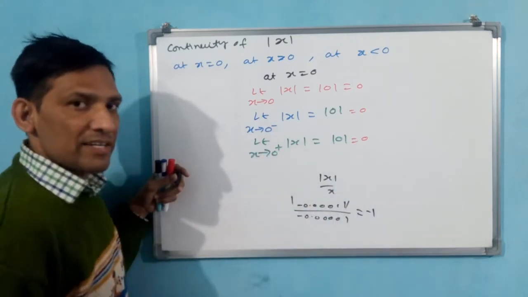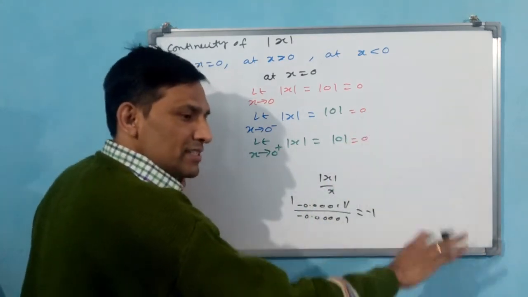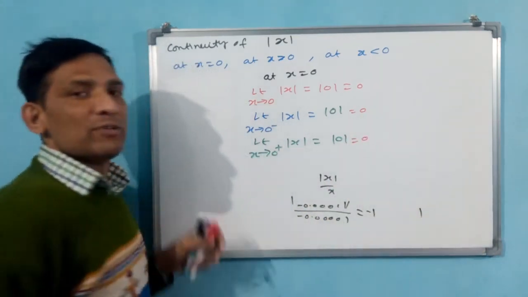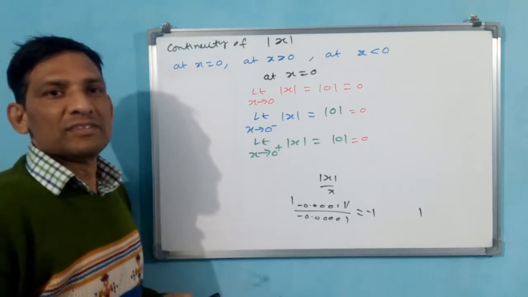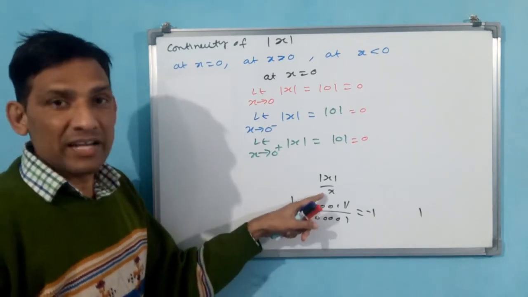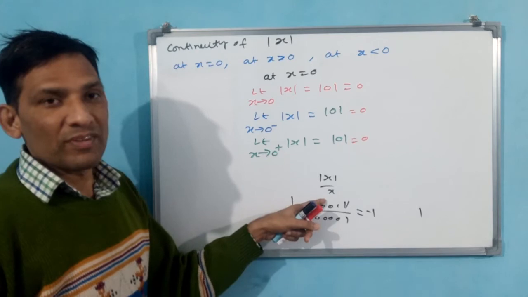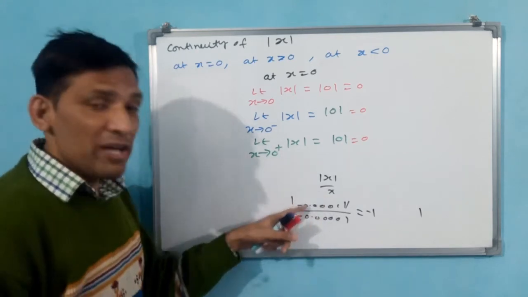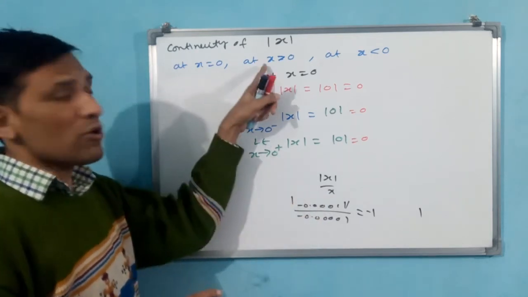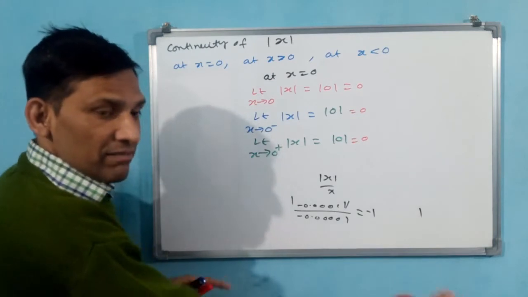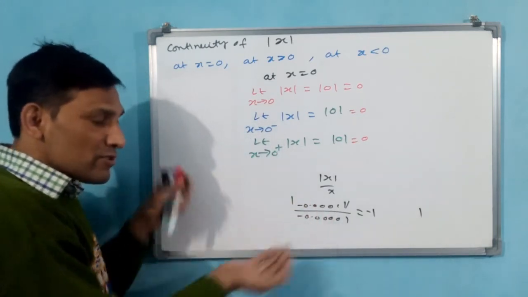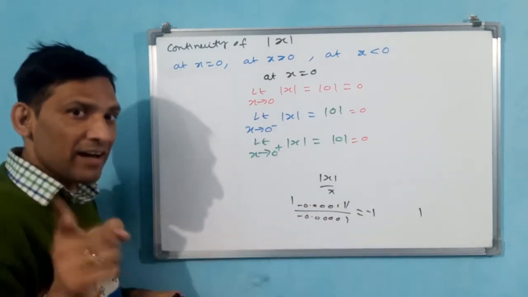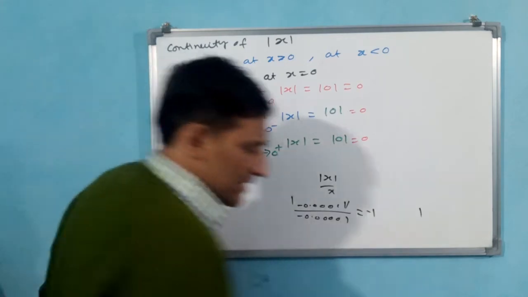If modulus is not there, 1 it gives. On the right hand side, whether modulus is there or not there, plus 1 only it gives. Why? Because here a special case is there, division is there. That logic makes the modulus function not differentiable. Why? Because in differentiation, the derivative has divided by delta x. Then you can understand the concept.